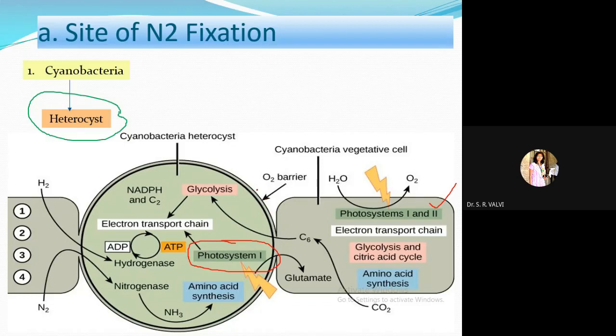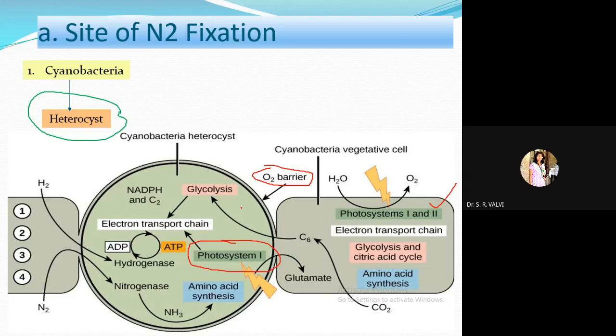So come to its outermost layer, here it is mentioned O2 barrier. Okay, why is it mentioned O2 barrier? Because the wall of heterocyst contains oxygen binding glycoproteins which together with respiratory consumption maintain the anaerobic conditions, and hence it is called the O2 barrier wall of heterocyst.